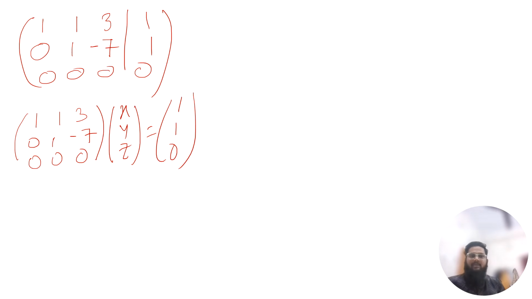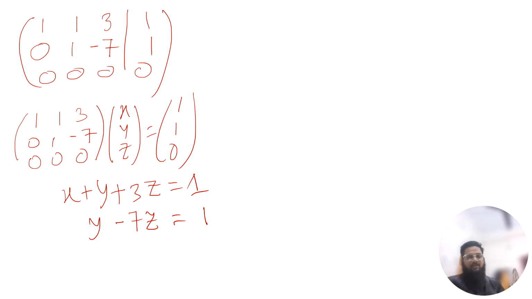So again, if you write it in equation format, what will you get? 1 into x, 1 into y, 3 into z is equal to 1. 0 into x, so 0, 1 into y minus 7 into z equal to 1, and here 0 0 0, that means 0 equal to 0, so nothing to write. So ultimately you are getting two equations.